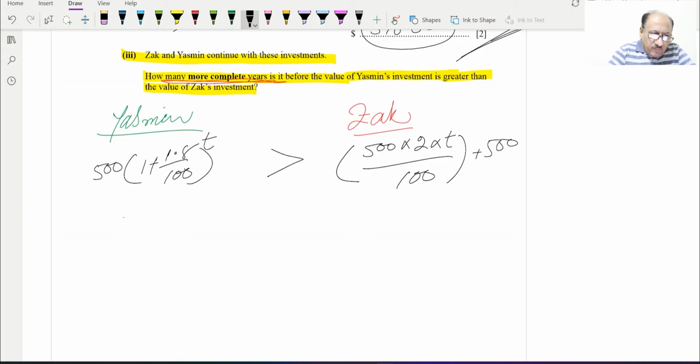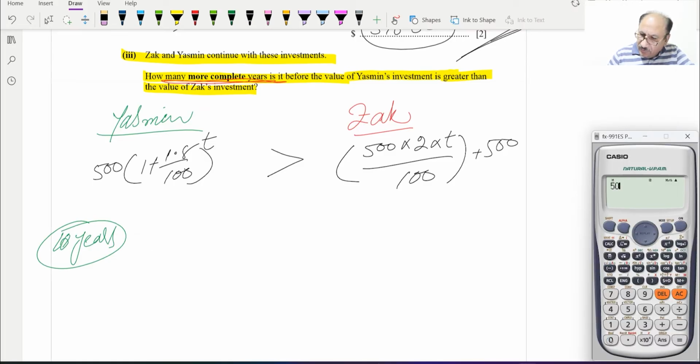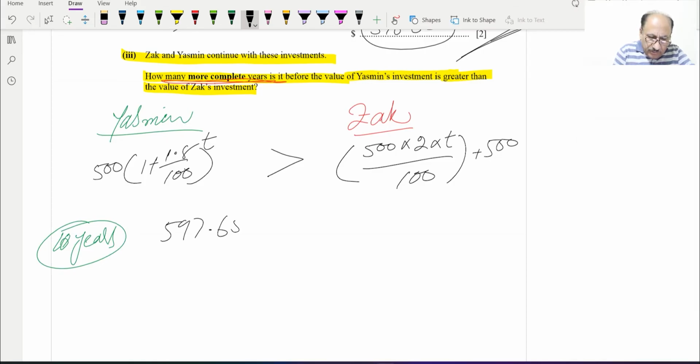So let us check for any value of t, like 10 years. After 10 years, what will be the situation? We can calculate directly for 10 years. That will be 500 into 1 plus 1.8 over 100, raised to the power 10, which will be equal to 597.65.